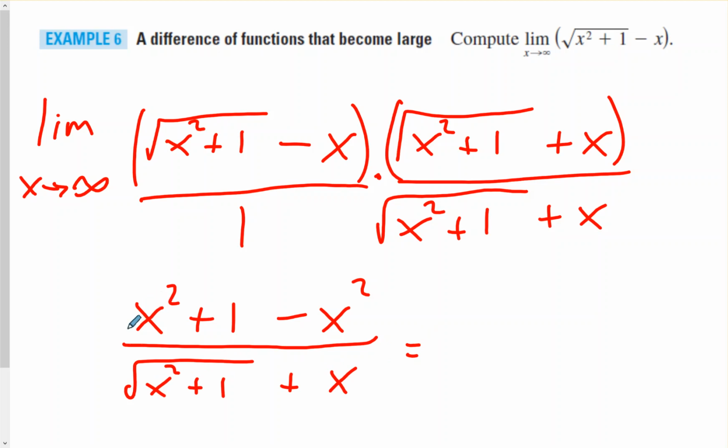The x squared and minus x squared combine and disappear. We're left with 1 over the square root of x squared plus 1 plus x.